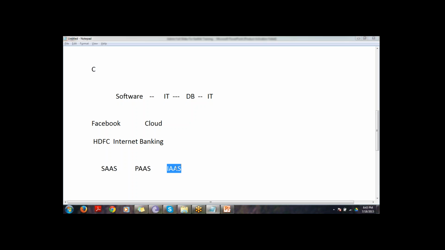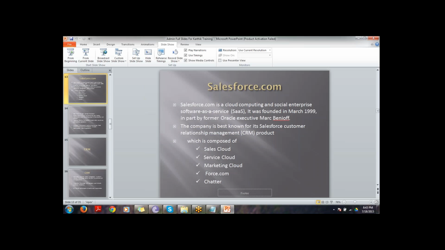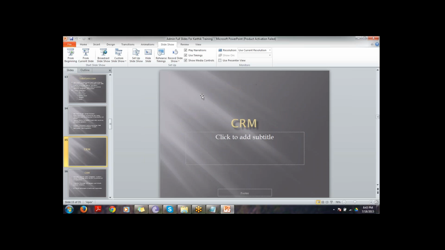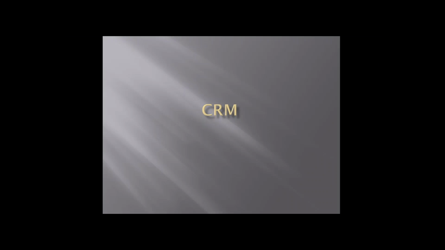And Salesforce is best known for its CRM product. Guys, what is CRM? Any idea?